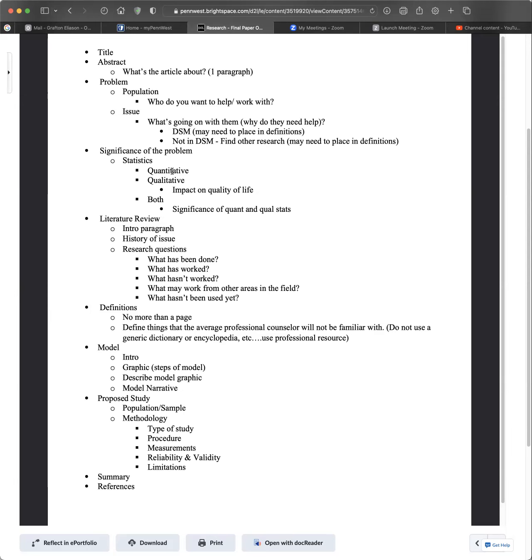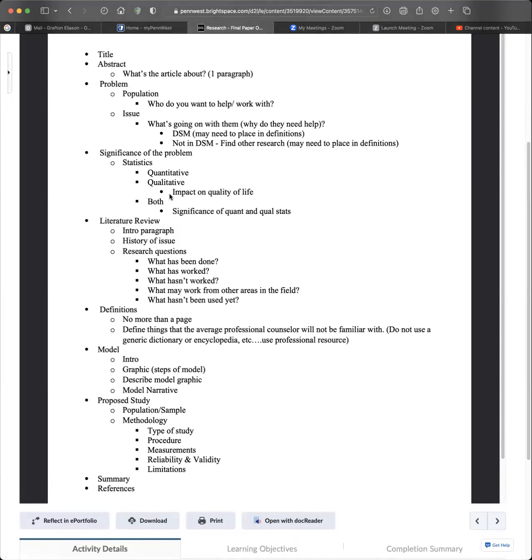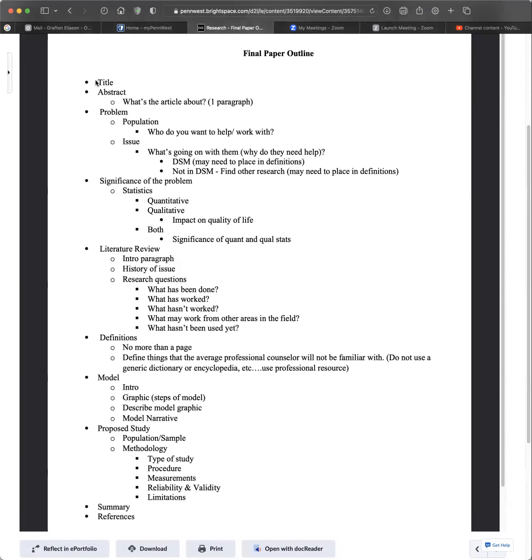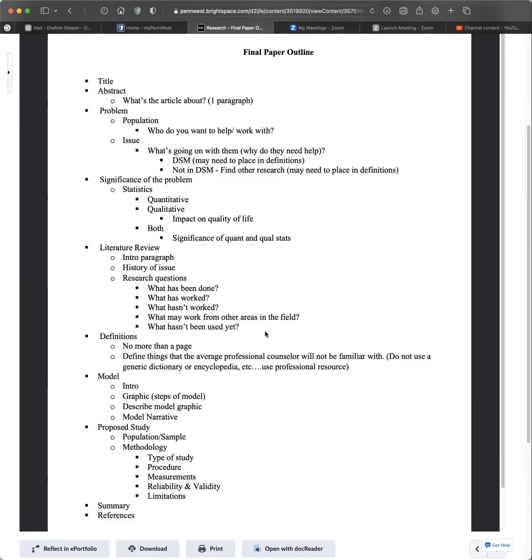But you should be able to cite some journal articles that talk about numbers, that talk about quality of life and how it affects people, or maybe both. So all of this is going to be included with what you hand in the lit review, down to the end of the lit review.